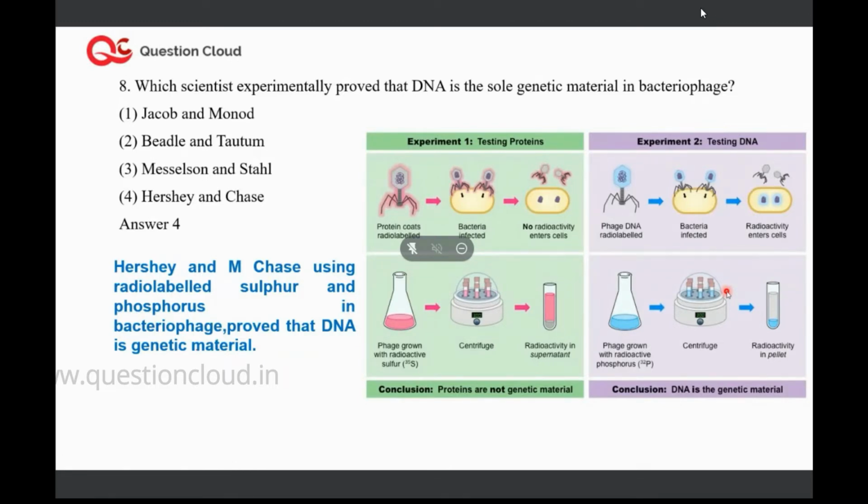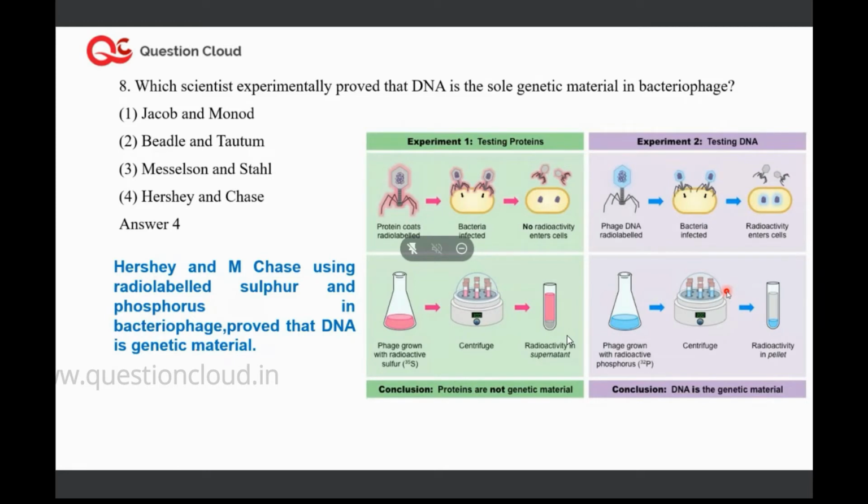This is how they showed that DNA is a very important genetic material, and this experiment was performed by Hershey and Chase. Is it clear? Please remember, DNA is the genetic material, the hereditary information-carrying molecule in our cells.